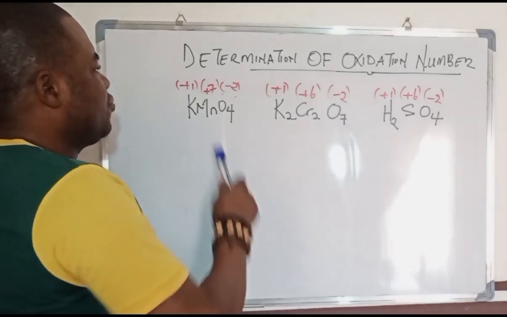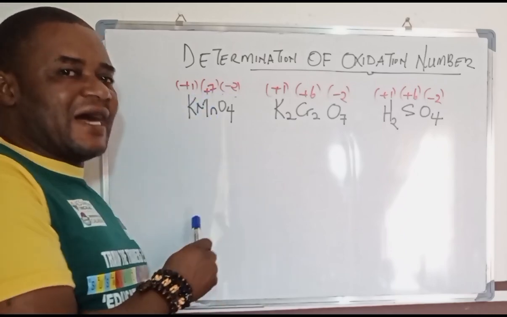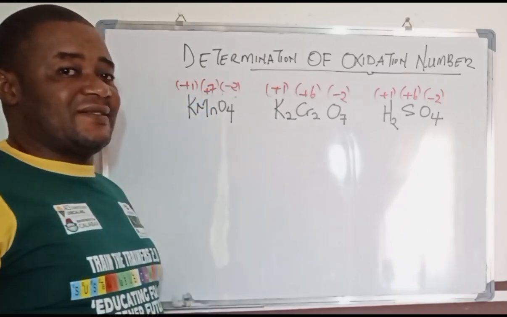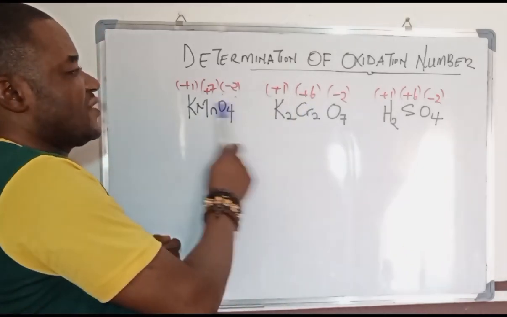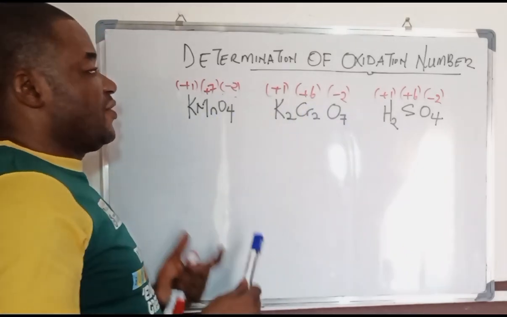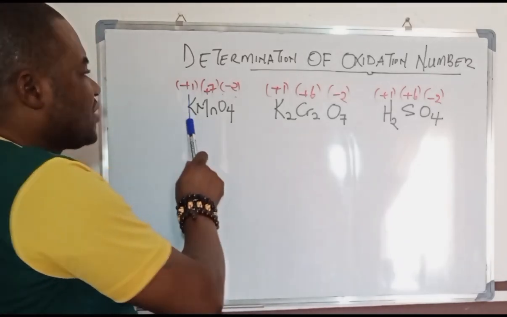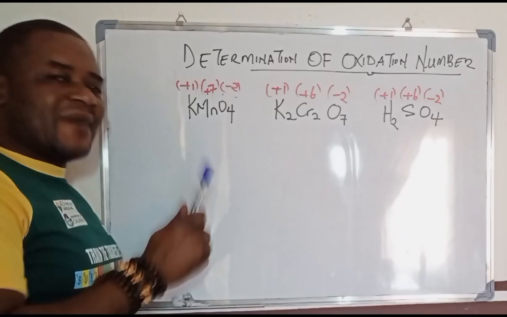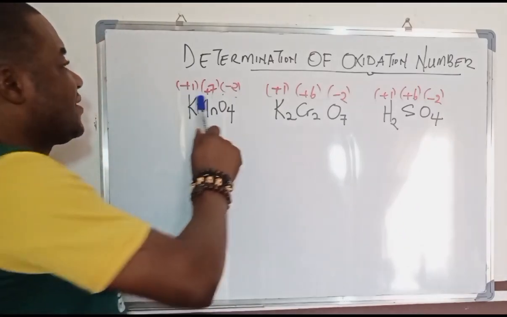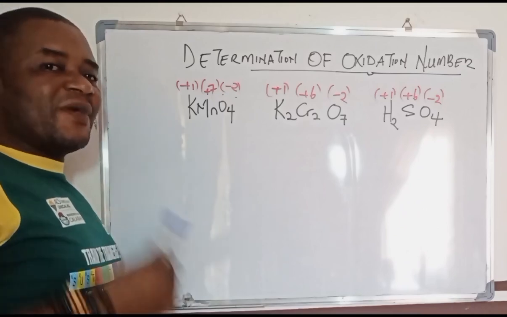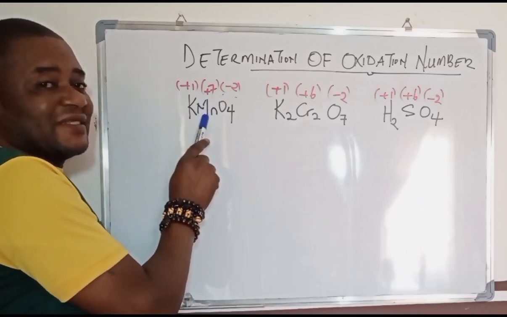Now how do we determine this +7 that we have here for manganese? How do we determine this +6? Because these oxidation states are what is being used to name this compound. Remember that I had said this is simply potassium tetraoxomanganate 7. So the compound is named with respect to this particular element's oxidation state.